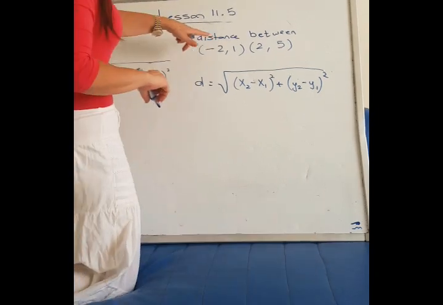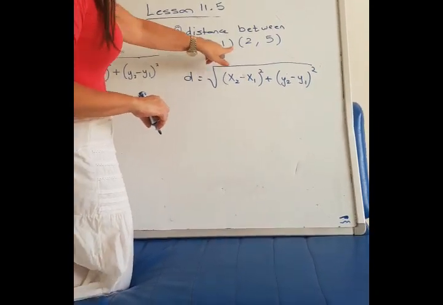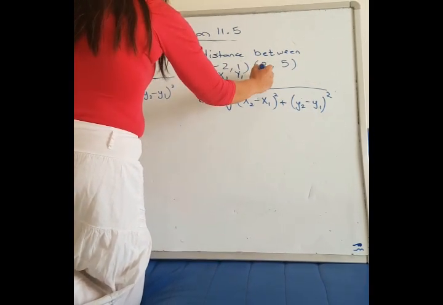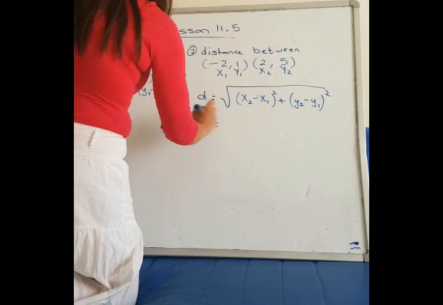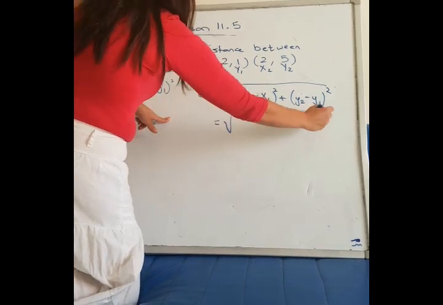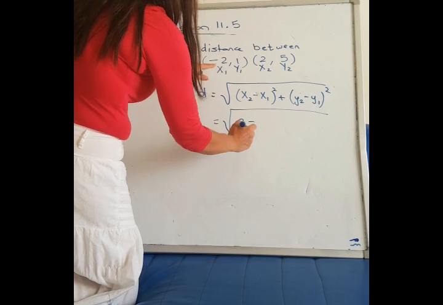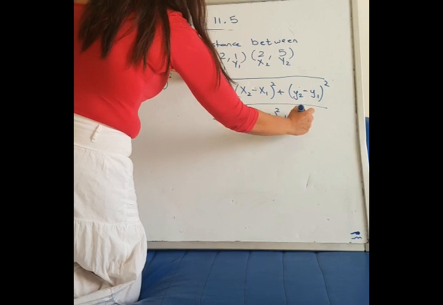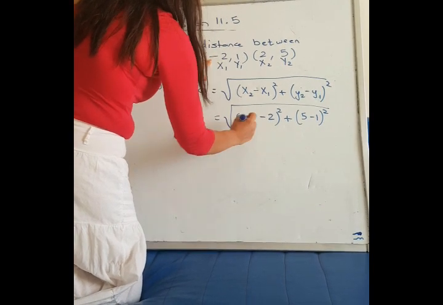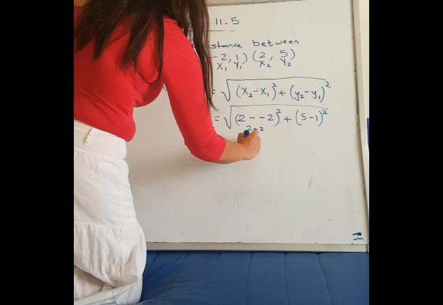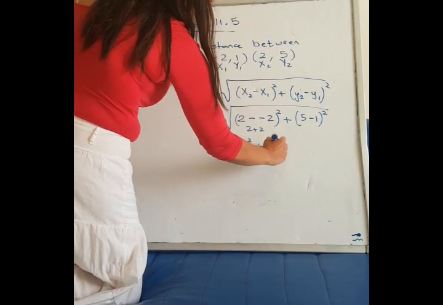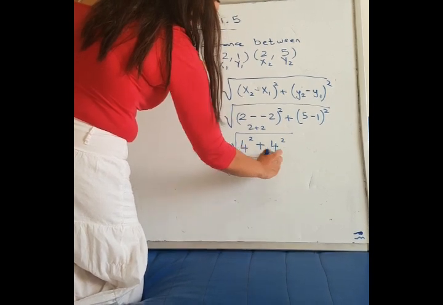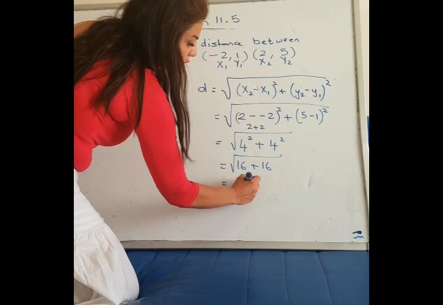The second example is I need to find the distance between (-2, 1) and (2, 5). I label them x1, y1, x2, y2. And I start substituting: x2 minus -2 to the second power plus 5 minus 1 to the second power, which is 2 plus 2, actually 4 to the second power. 5 minus 1 is 4 to the second power. 16 plus 16, radical of it, which is actually 32.